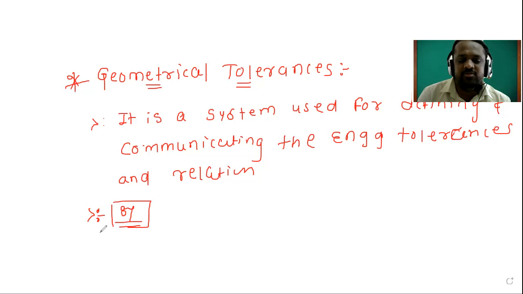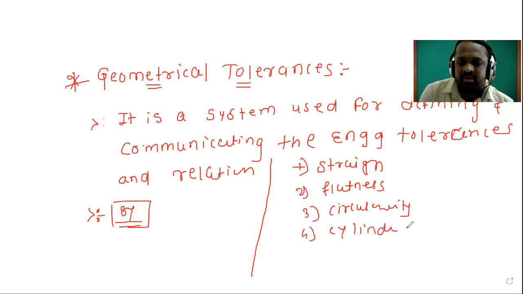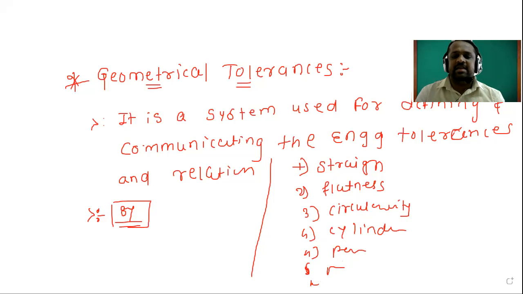In geometrical tolerances, we are going to discuss the tolerances regarding the following points: straightness, flatness, circularity, meaning how much tolerance is provided, then cylindricity, perpendicularity, parallelism, and angularity. We will discuss these tolerances with the help of symbolical representation.